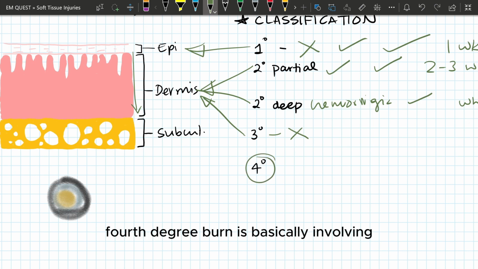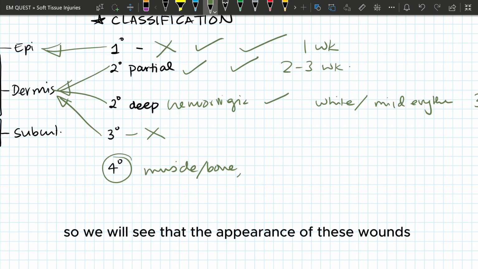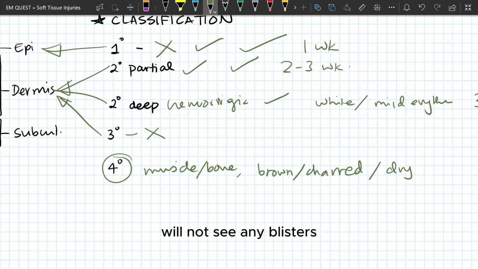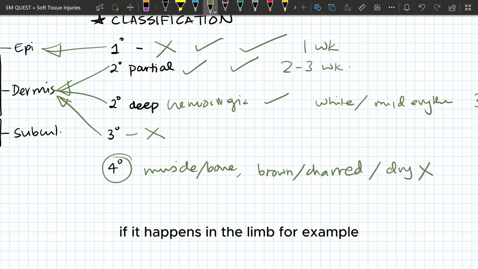Fourth degree burn involves muscle and or bone. The wounds appear quite brown, charred, and very dry. We'll not see any blisters, and usually this degree of burn leads to loss of the limb, for example, if it happens in a limb.